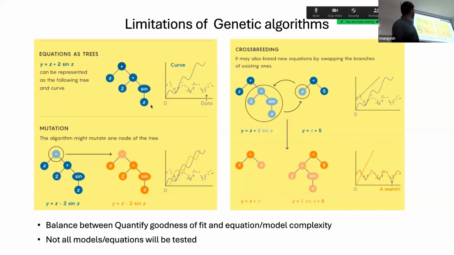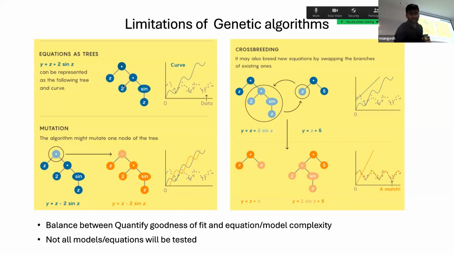I don't know what kind of tree it is, but it's inverted. In genetic algorithms, they do things similar to how genetics works. So at every generation, at every step, first they fit a given function to the data, as you can see here.